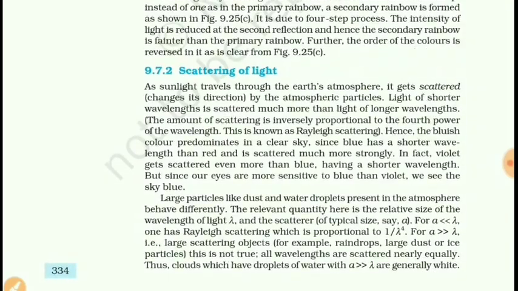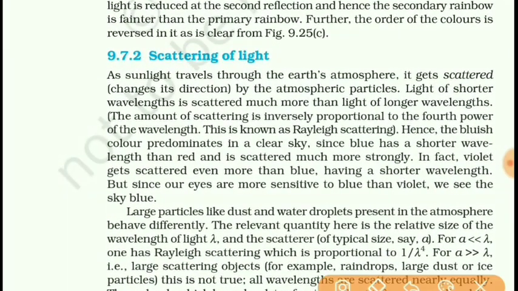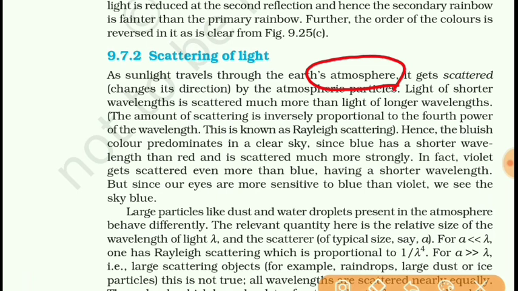Now about scattering of light. Students, due to Earth's atmosphere, the scattering takes place. And due to scattering only, the sky appears blue.